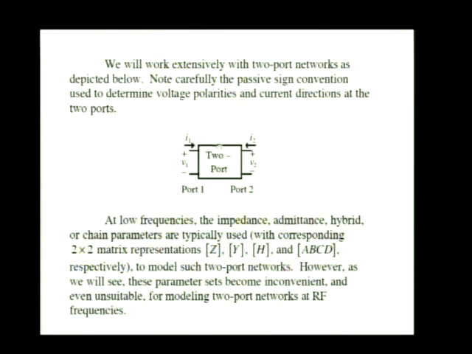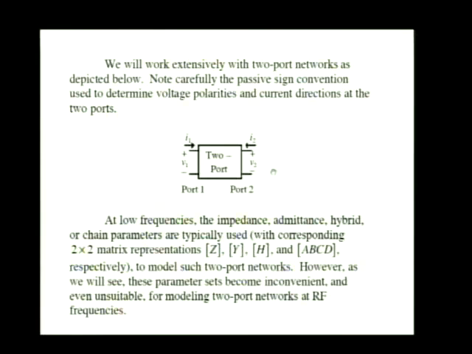In any event, as long as the two-port network is a linear network, no matter how complex, the relationship between the circuit variables, voltage and current at port 1, and the circuit variables, voltage and current at port 2, the relationship between these four variables is going to be a linear relationship that can be written as a set of two equations in two unknowns.